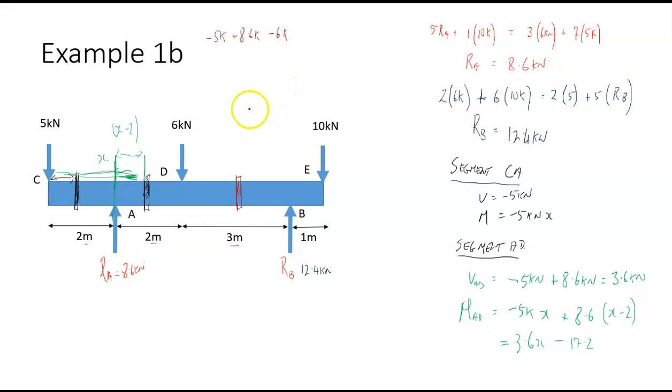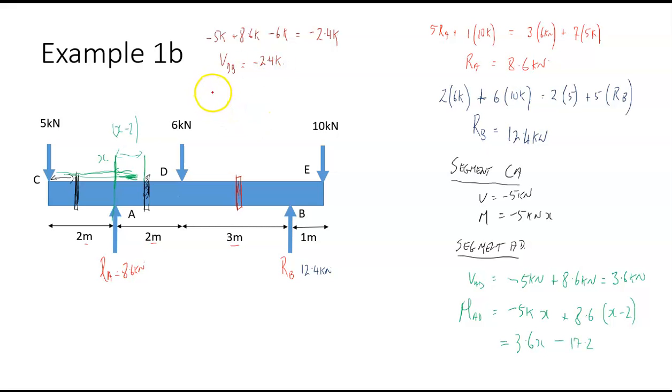And when we add them all up, that's equal to minus 2.4. So we'd say the shear force from D to B is equal to minus 2.4k.